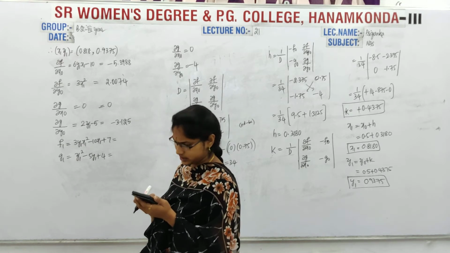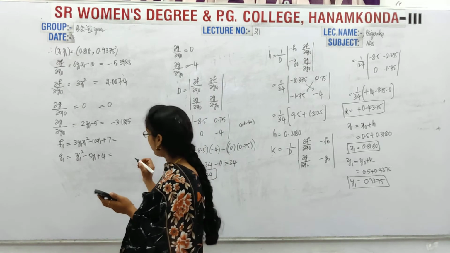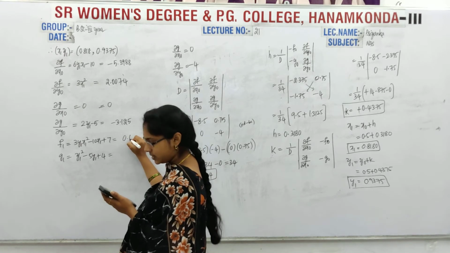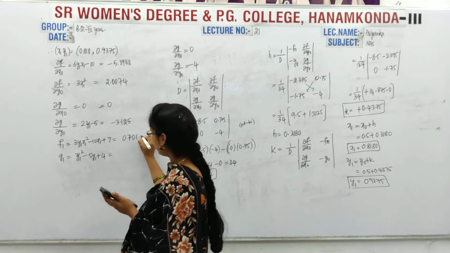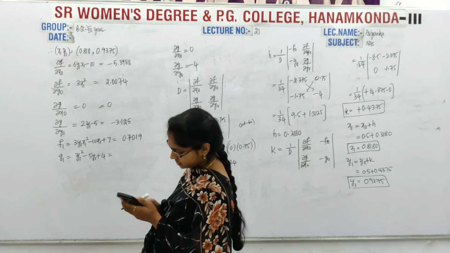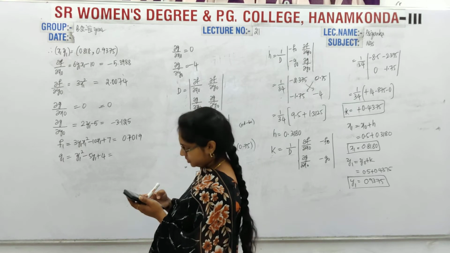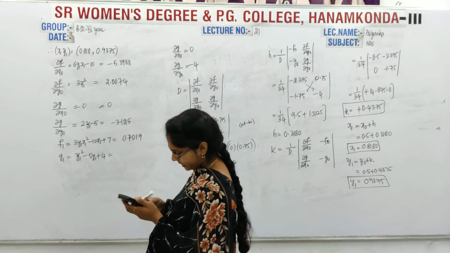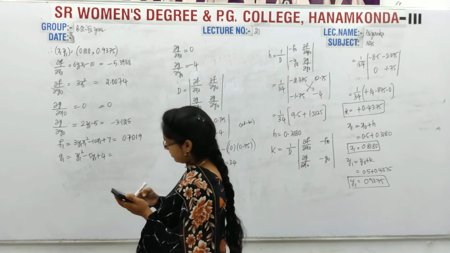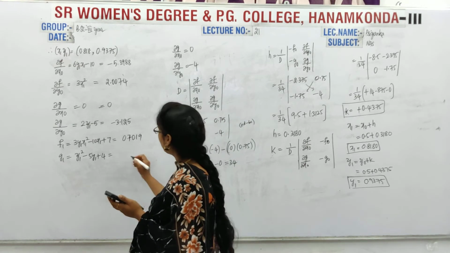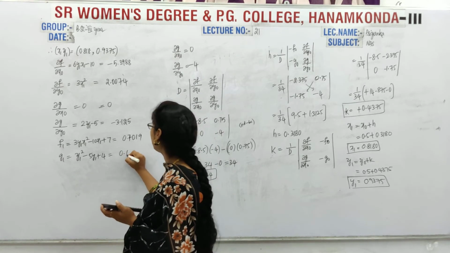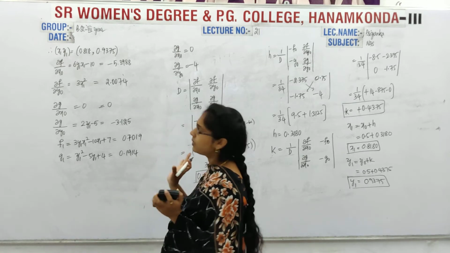You can calculate directly in the calculator. Now here we have 0.7019191, so simply 0.7019. Next, y1 square, 0.9375 square, minus open bracket 5 into y1, 0.9375, plus 4. Now 0.19140, so simply I am taking 0.1914. Now I have all the values.